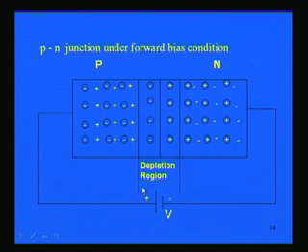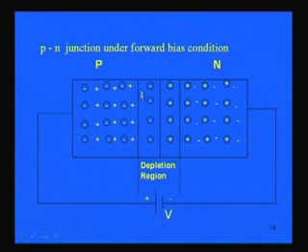The positive terminal will be repelling the holes, similarly the negative terminal will be repelling the electrons in the N side. These holes will come towards the junction and neutralize some of the acceptor ions on the P side.